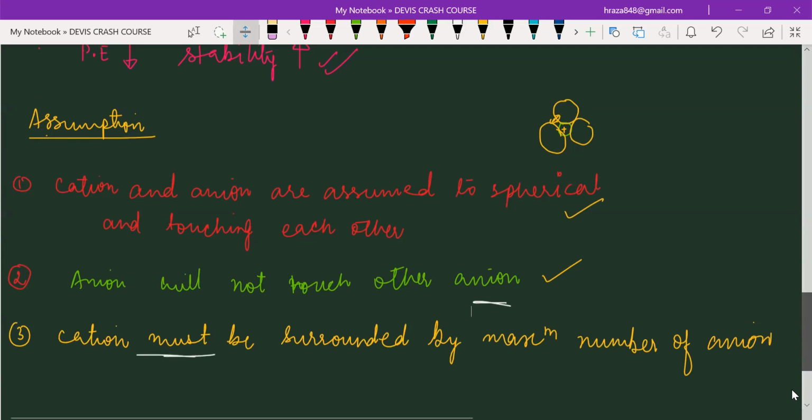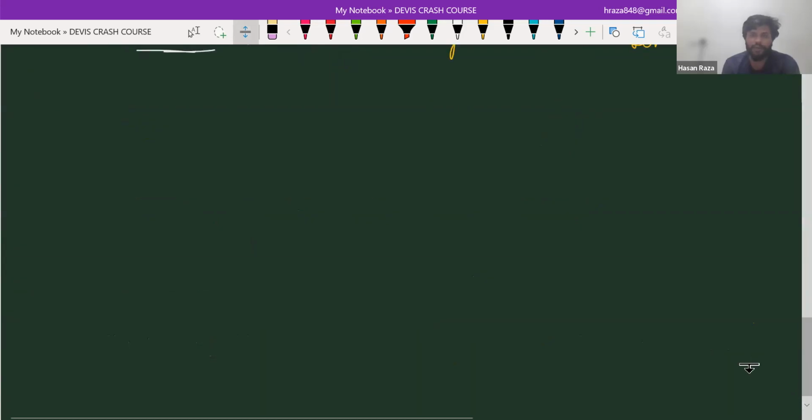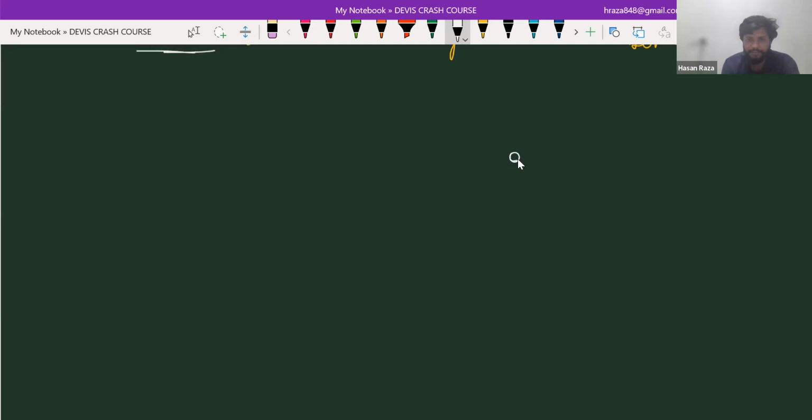Now see, if we have a cation like this, there will be three anions surrounding this. They are about to touch each other, but they are not touching each other. There is simple maths which is very easy. This cation will have a diameter and a radius that I am going to take as small r.